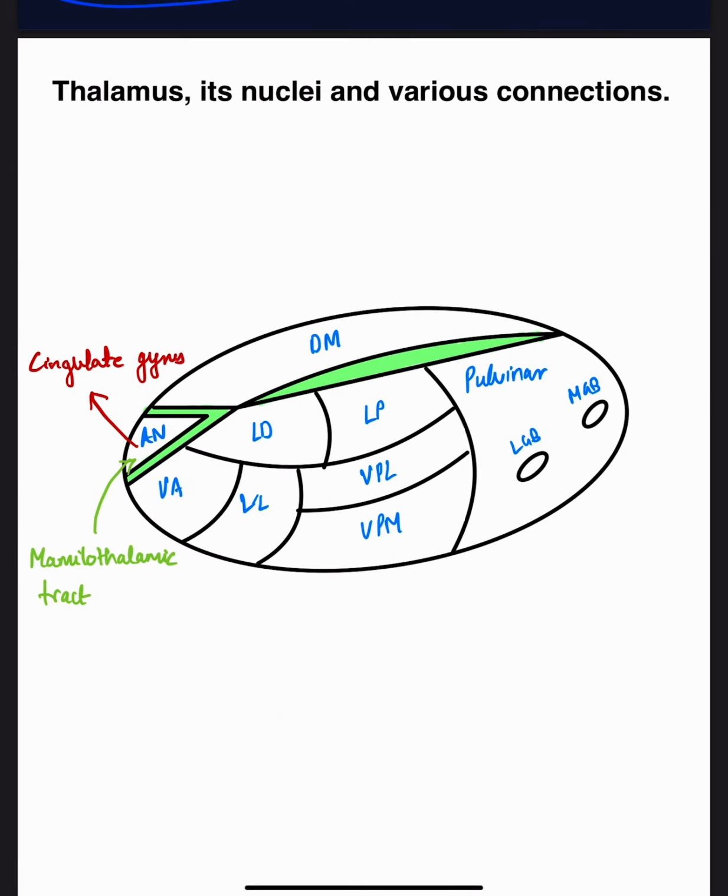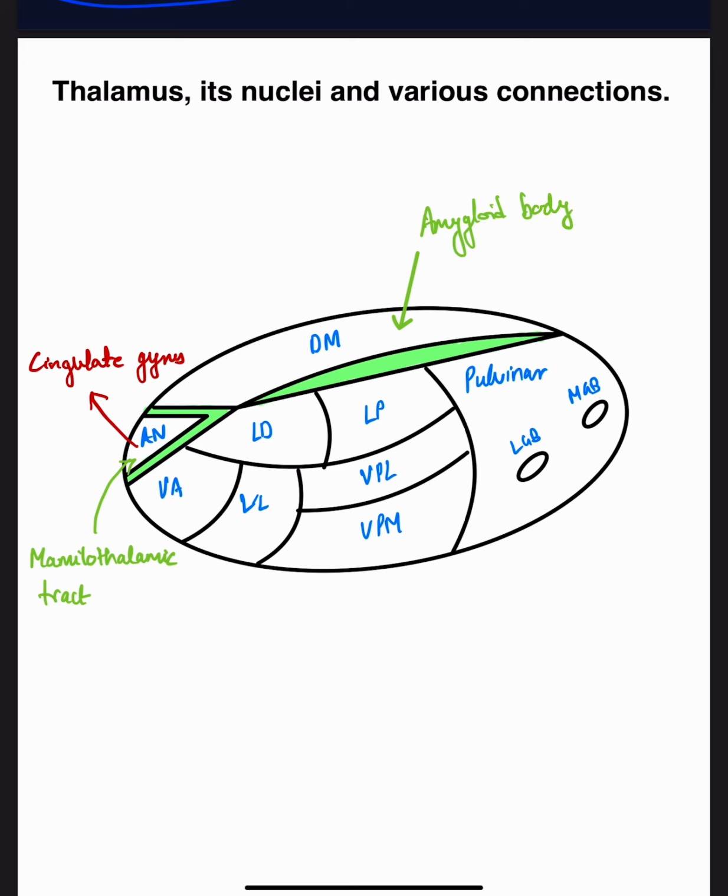Now we are going to study the dorsomedial nucleus. The afferent signals to the dorsomedial nucleus come from the amygdaloid complex, the amygdaloid body, and also the other thalamic nuclei.